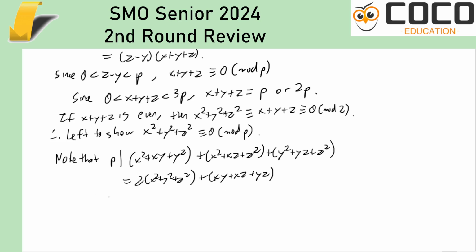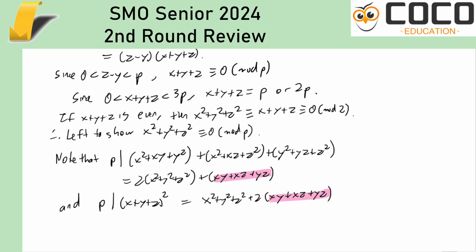How I can get rid of that is simply by the fact that p would also divide x plus y plus z squared. Now that will give you 2 of the other one. You want to eliminate this in order to find that p divides the sum of squares, and therefore I just eliminate it by multiplying the first one by 2 and subtracting off the second one.